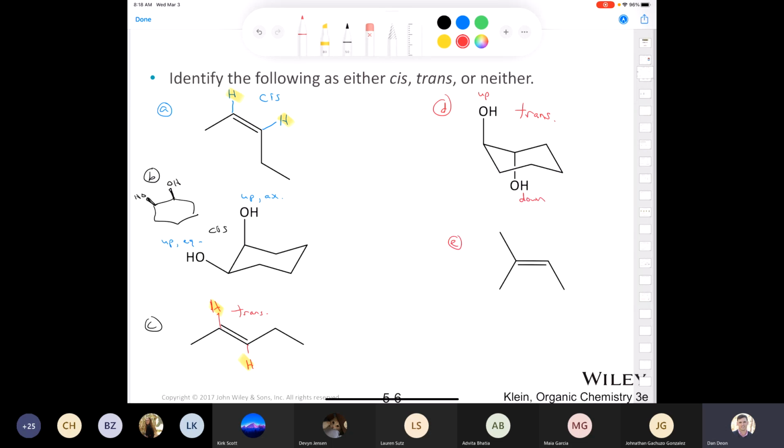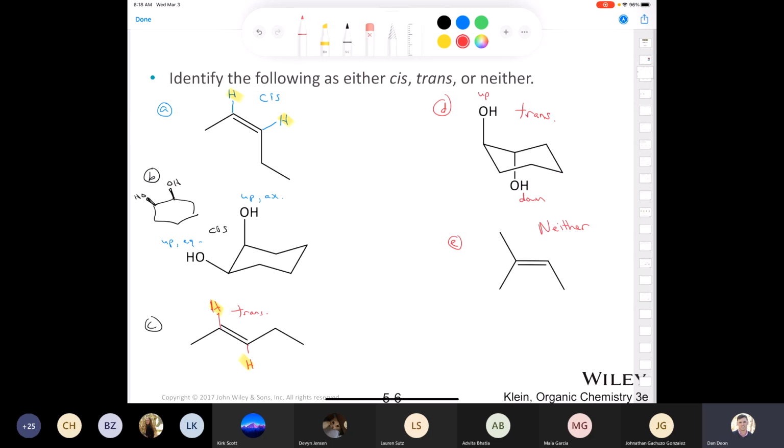And what about E? Would this be cis or trans? Could you define E as cis or trans? The answer for E is neither. It's not cis and it's not trans. There's a rule of thumb that you can invoke here.